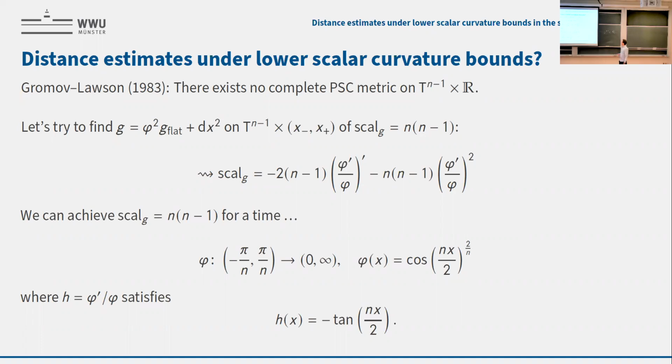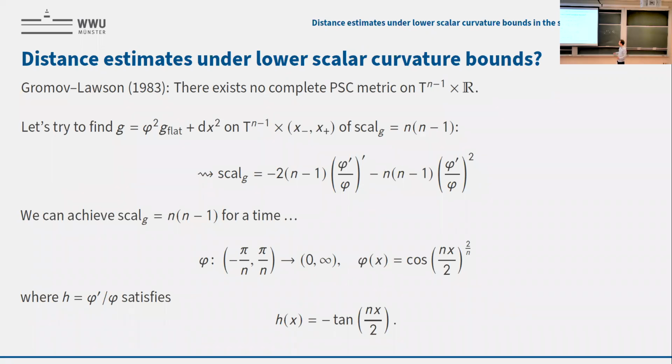Okay. And in the case that n is equal to 2, this gives you the standard Watt product description of the two-sphere. But in higher dimensions, this is something else. So this is not the sphere. Okay, and what you see is that there is some sort of definite time after which this goes to 0, or equivalently, the mean curvature will blow up at the tips.